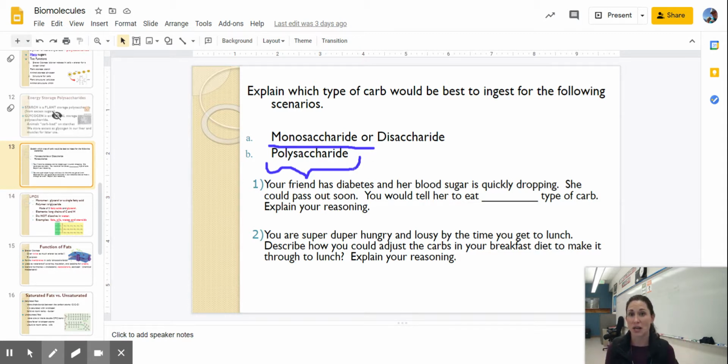And this is because your body takes longer to digest them. These are really big, long chains of sugar. So when you eat them, your body's going to slowly break those bonds down through that hydrolysis reaction that we talked about. So the more polysaccharides you eat, the better you're going to feel if you have to go a long time in between meals as your body slowly digests those.